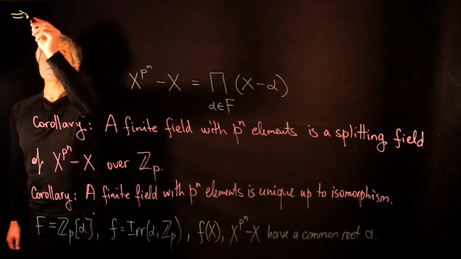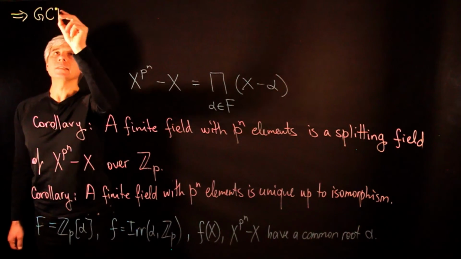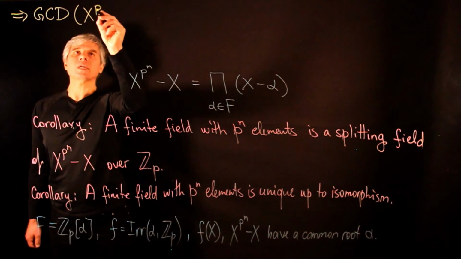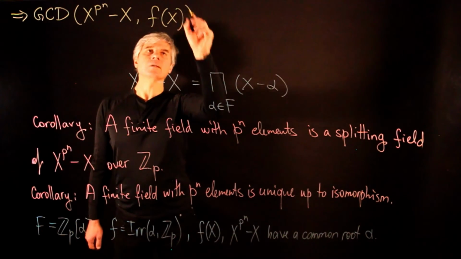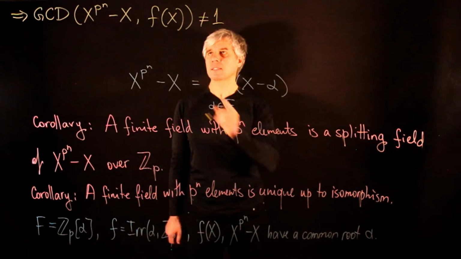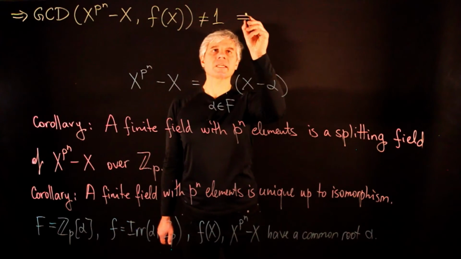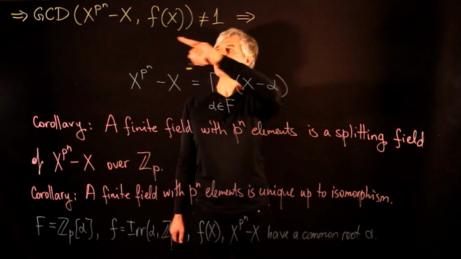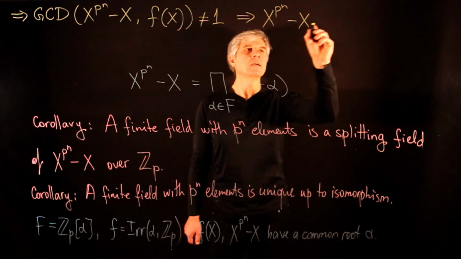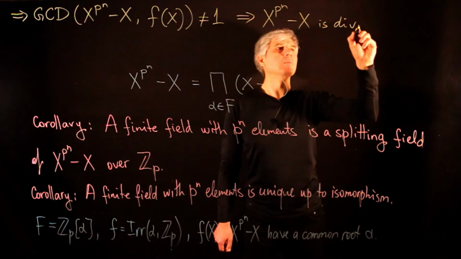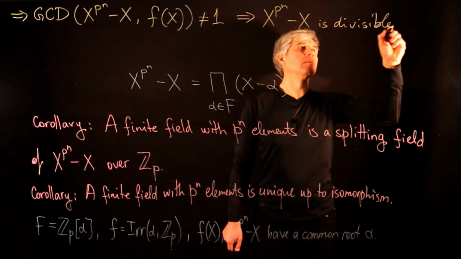This tells us that the GCD of x to the p to the n minus x and f of x is not equal to 1. And since f is irreducible in Zp of x, this tells us that the polynomial x to the p to the n minus x is divisible by f.